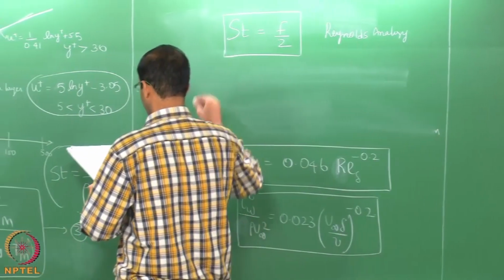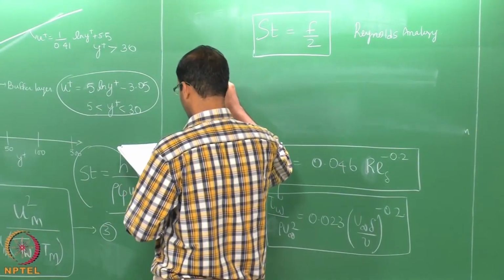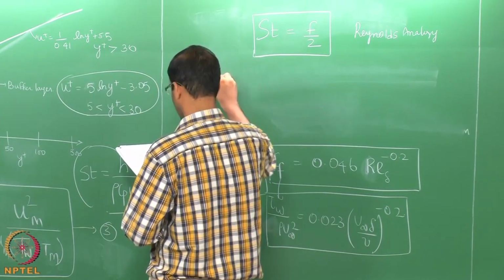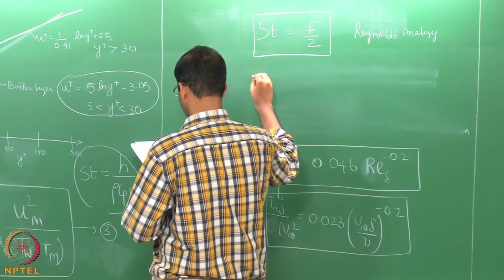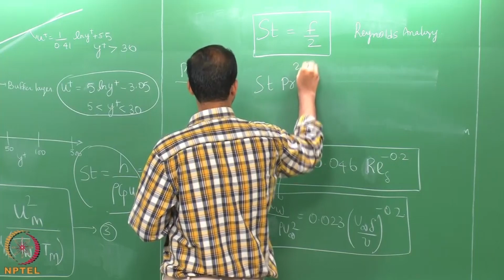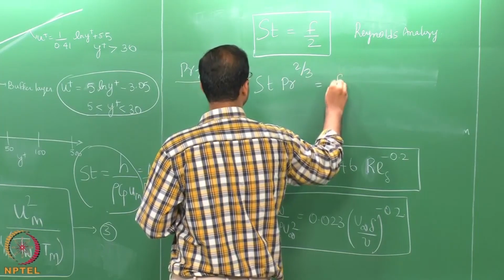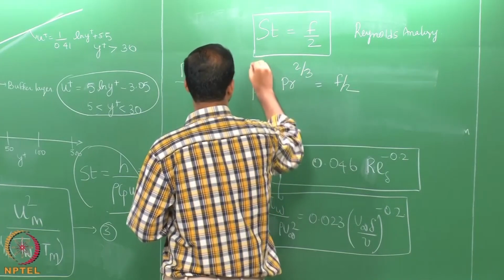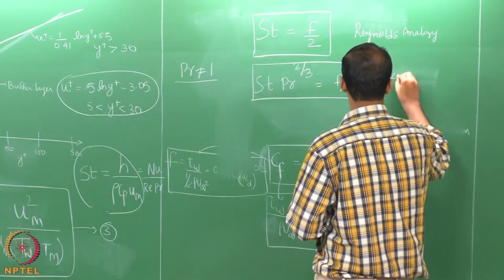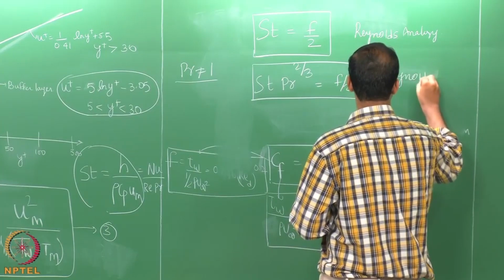So, it is for the case where Prandtl number is not equal to 1, it has been extended and this becomes the Reynolds Colburn analogy, where you have Prandtl number factor also. So, this is your Reynolds Colburn analogy.